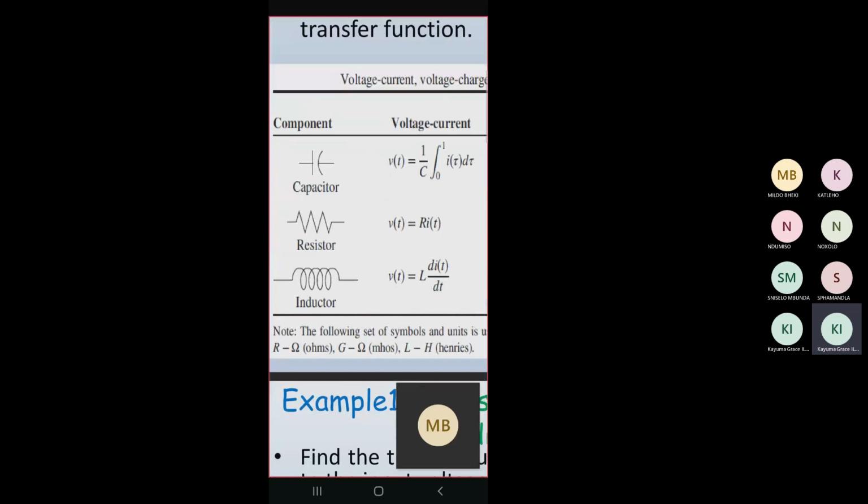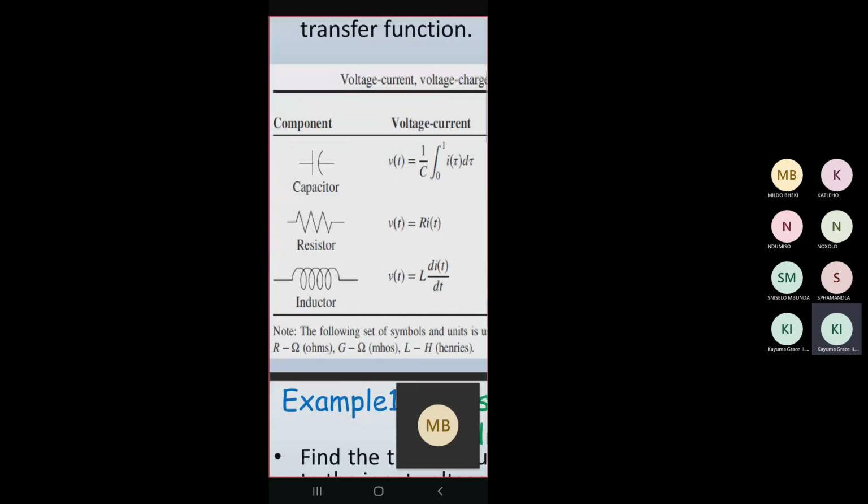You can take it as the time. Then we have also, for the resistor, Ohm's law.